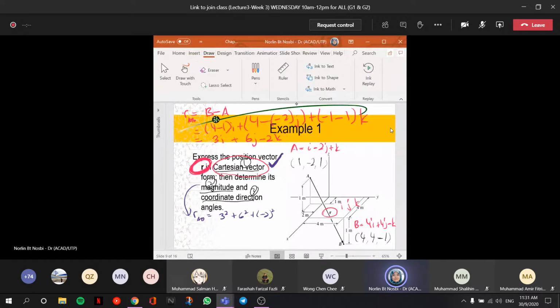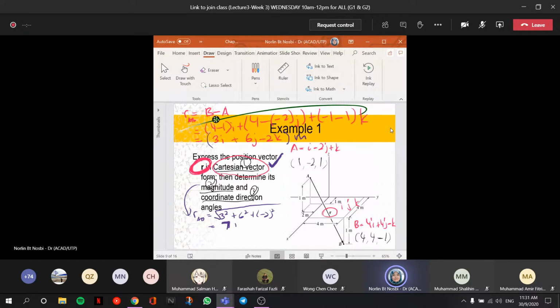What is the value? It is 7. But don't forget to write down the unit. The first point is 1 meter, and this magnitude is also in meters.